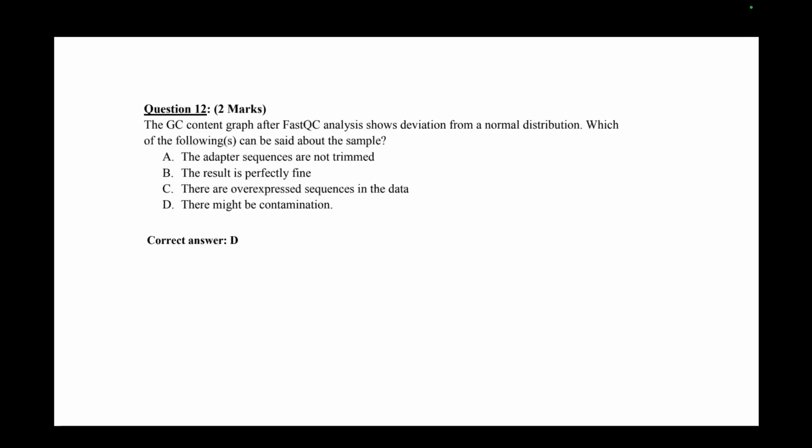This might be a correct answer for this, but the overrepresented sequence must have high GC content at least, and the amount of overrepresentation should be high, and what it in turn can mean is if there is contamination. So the ideal answer is D, but you can also have an argument for C as well, because due to the contamination, there will be overrepresented sequences in the data. So ideally it should be both, but the actual reason is basically contamination.